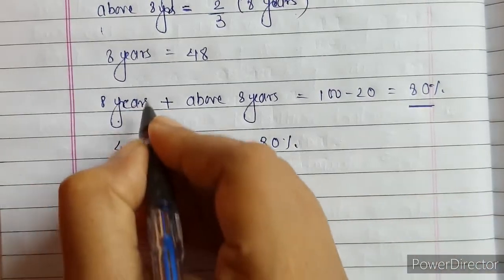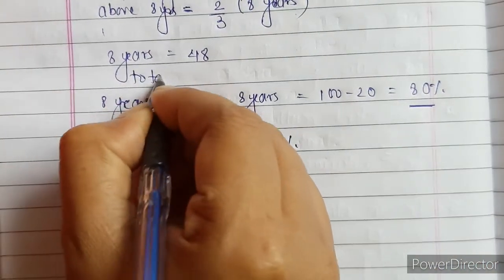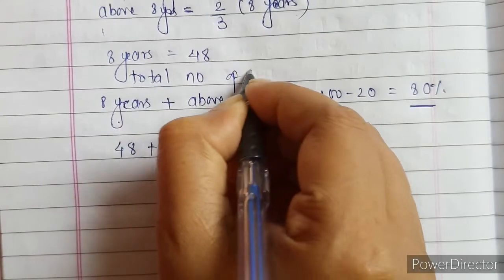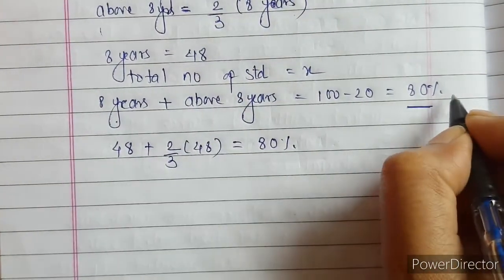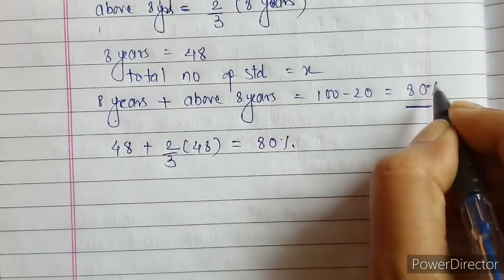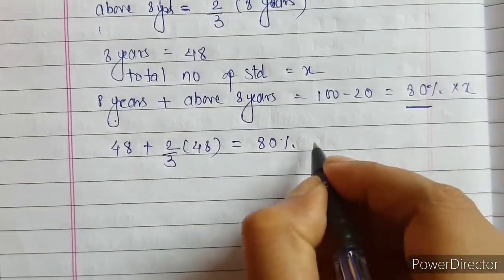So let me take the total number of students as x. So this 80% is of the total number of students.